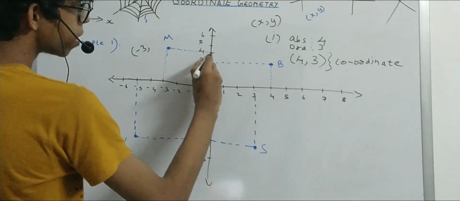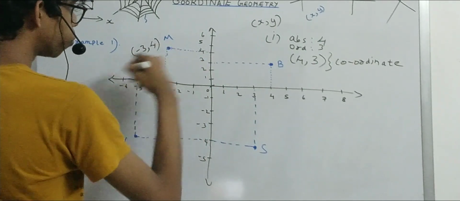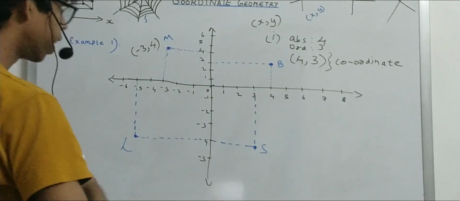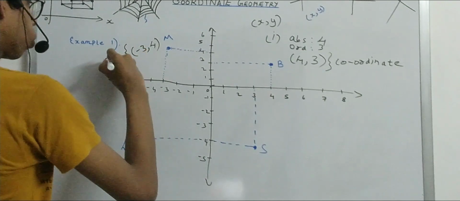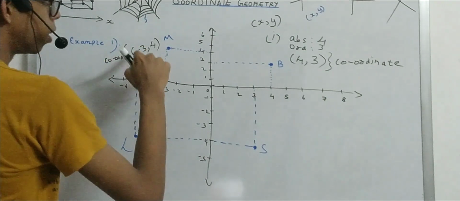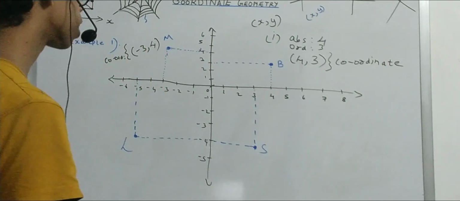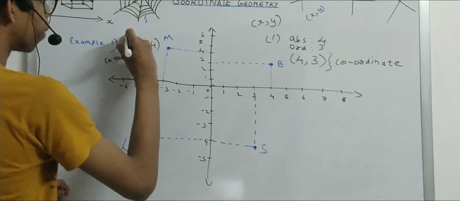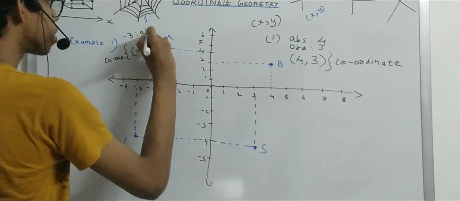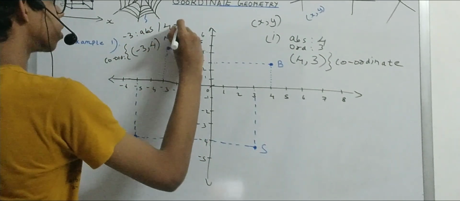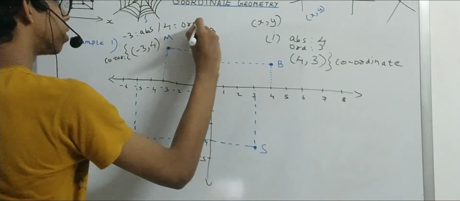Then on the y-axis it is lying on the point 4. So the coordinate is -3 comma 4, where -3 is your abscissa and 4 is your ordinate.